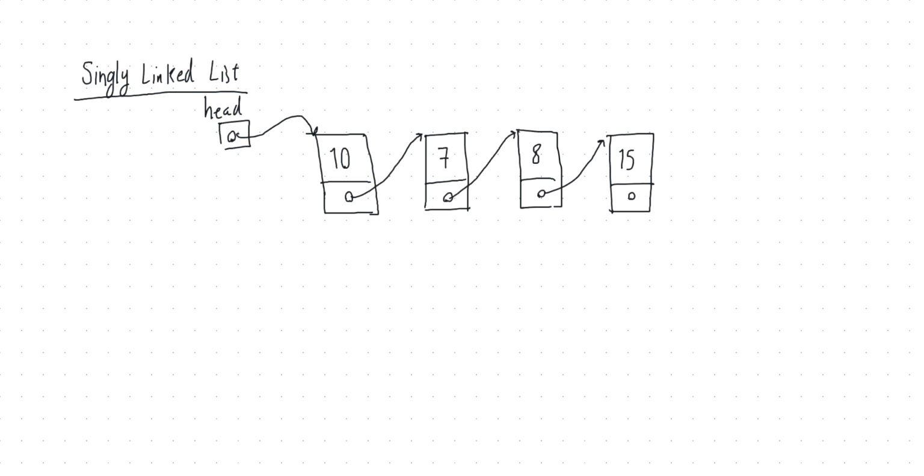So each node, as I said, can be a class or a struct that has two member variables.